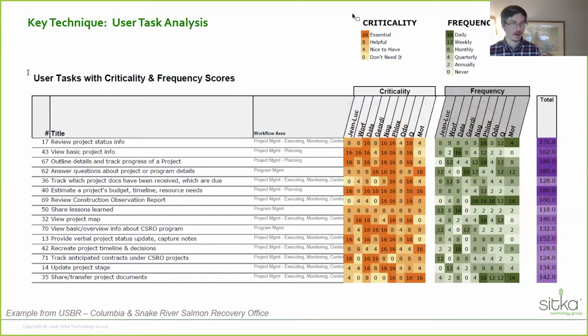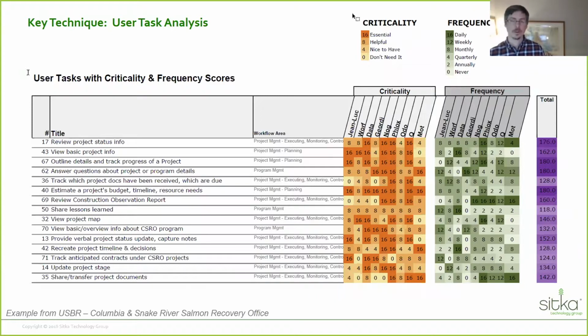So you can see here, this is a subset of the tasks that were part of the card sort for Bureau of Reclamation. And for each person here, they gave each task a criticality score and a frequency through the card sort. And it allowed us to total up an overall score for each task. This is pretty cool just to get an understanding of how people view their work and what's important to them. You can also connect it to workflow areas or workflows that you defined earlier to connect it to a broader picture of how the organization works together.